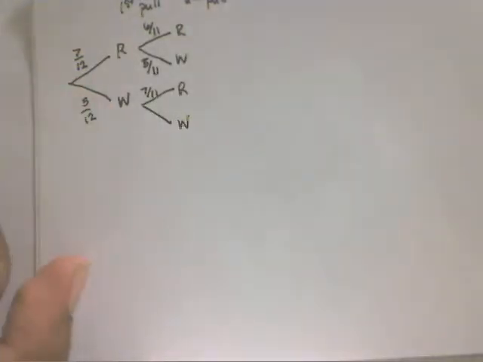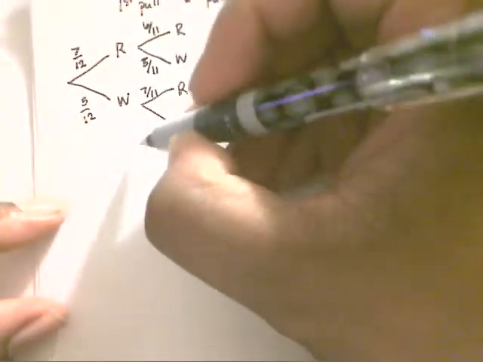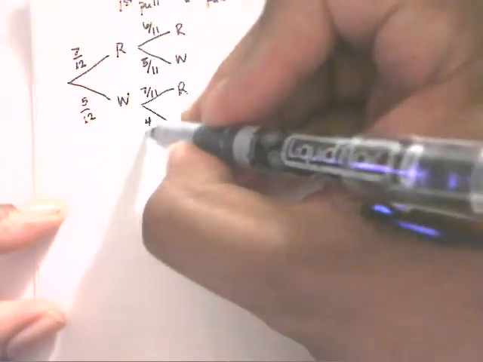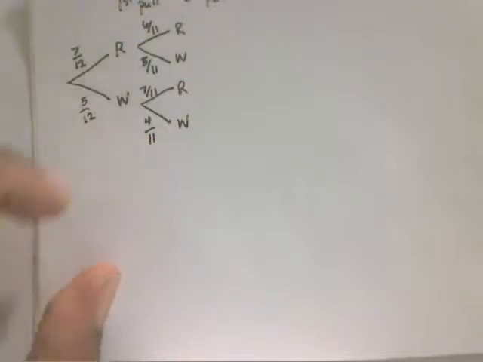And then the probability of drawing a white gumball, given that the first gumball that you drew out was white, is now 4 out of 11. That means that there are going to be 4 white gumballs left out of 11. So it's 4 out of 11.